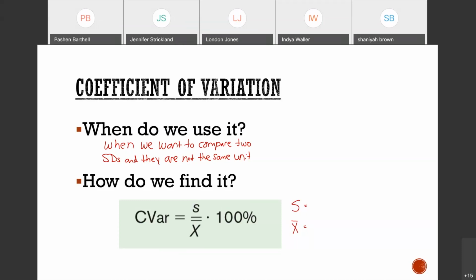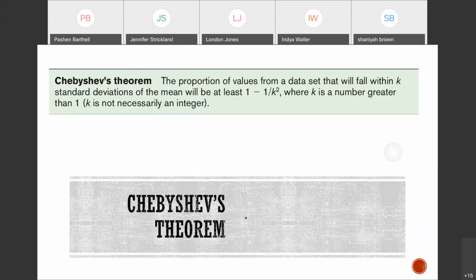Do we remember what the S stands for? We talked about that on Friday. Does the S just stand for regular standard deviation? It's regular standard deviation. Remember, S squared is the variance. The S is your standard deviation.